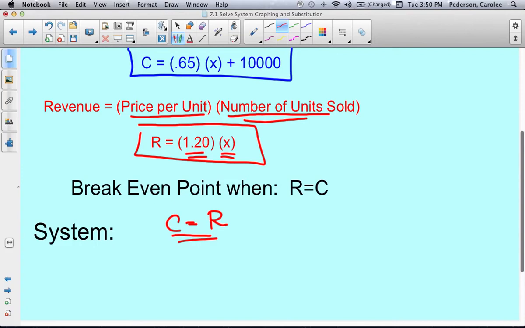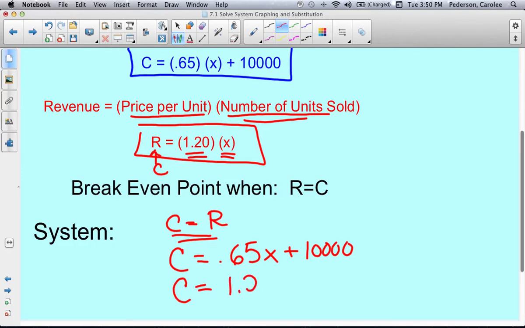So here's our first equation. C equals 0.65x plus 10,000. And then this equals it. So again, we're going to use the same equality. C equals 1.20x.